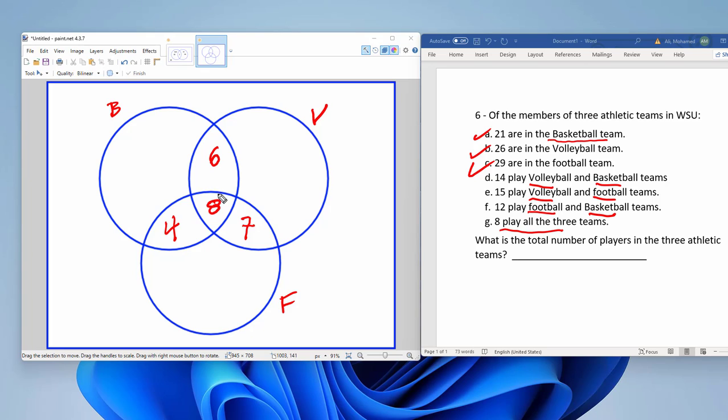So 6 plus 8 plus 4, that's 14, and 4, 18 out of 21. So that's 3. So the 3 here only play in the basketball. So make sure you don't just put 21 there.